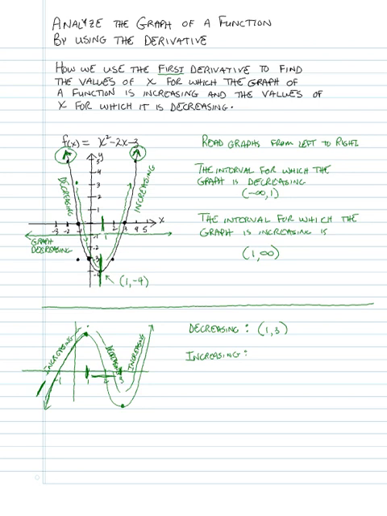On that part of the graph, the x values are less than 1, so it's increasing from negative infinity up to 1, all from the left of 1. Then it starts decreasing, and after we get to 3, the graph starts going up again. So it's also increasing from 3 to positive infinity.